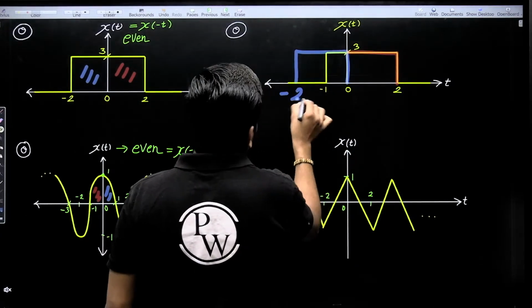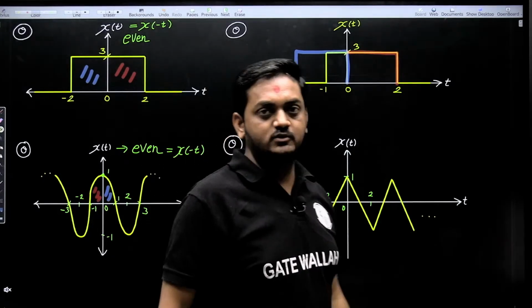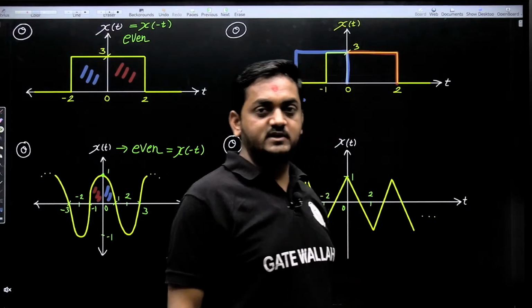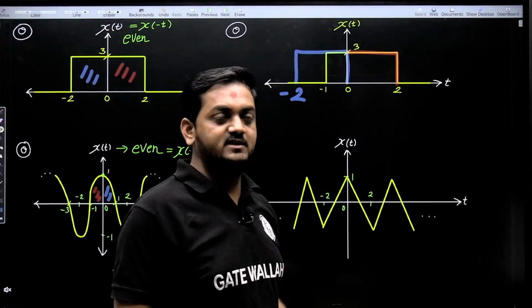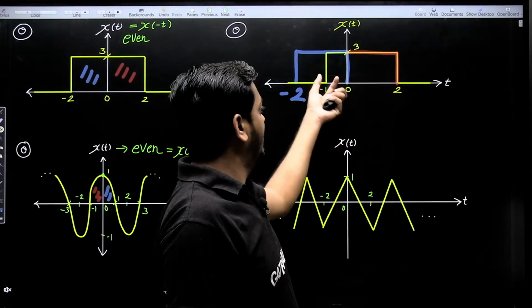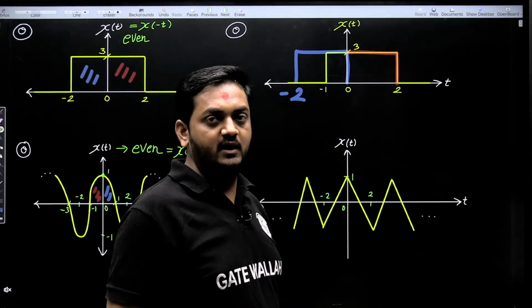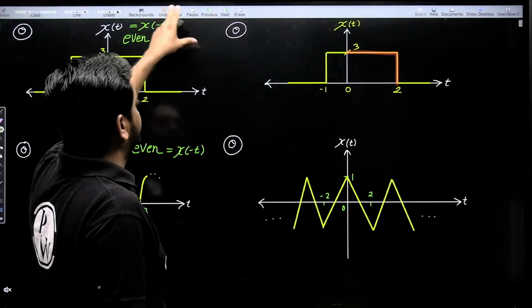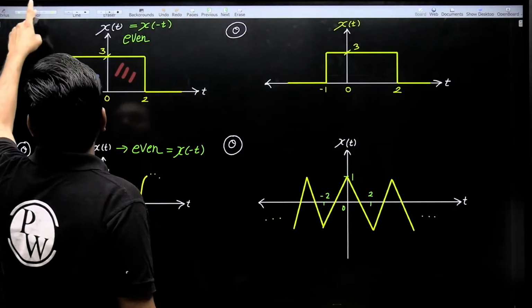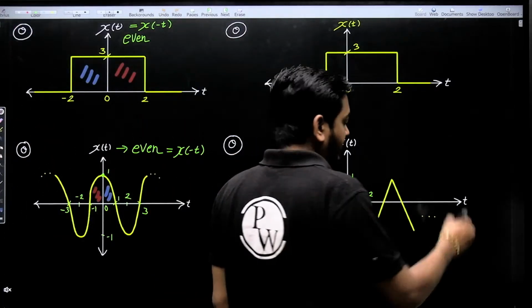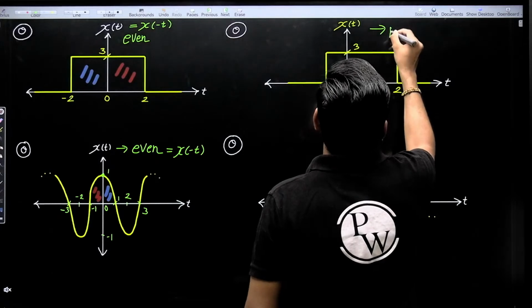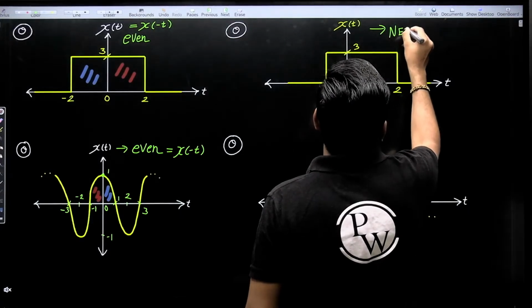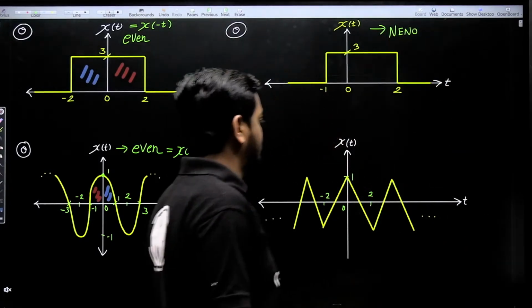So it is not same as x of t. The area should be same, first quadrant, second quadrant. Here area is 6 and here area is 3. So both areas are not equal. So that's why we cannot say this is even signal. Even this is not an odd signal, it's a nano signal. Are you getting? This is nano, neither even nor odd signal.